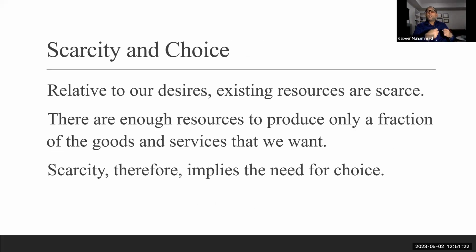Like we all, whenever we do some job, what are we doing? We are selling our labor to get wages, right? So we are producing labor and we are selling it in the market. And what we are consuming, we are buying a lot of things, from groceries to appliances, electronics, all these things.